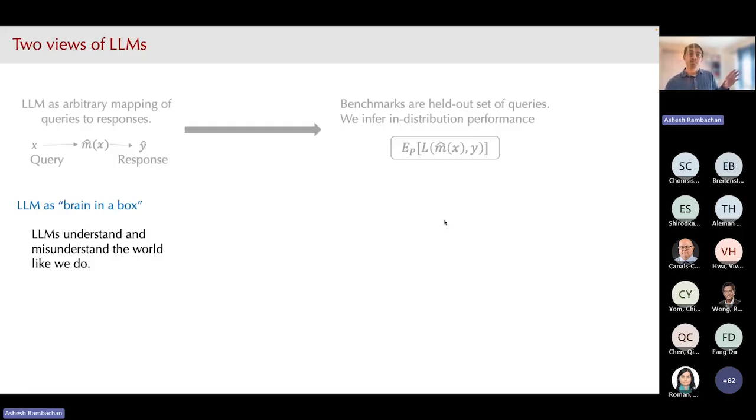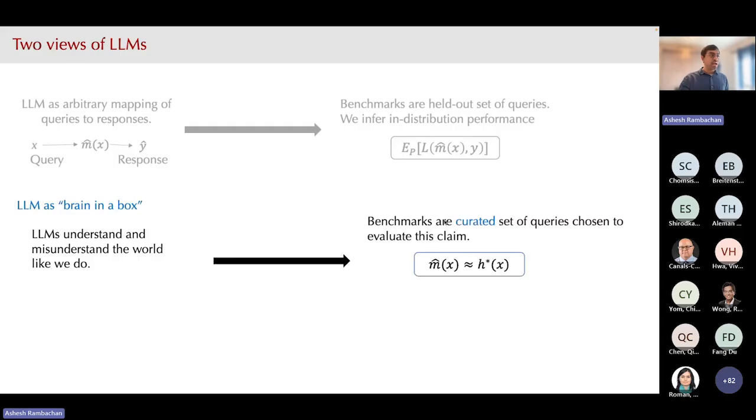The second view is that a large language model is somehow a brain in a box. In other words, LLMs understand and misunderstand the world like we do, or perhaps like the smartest person possible. And in this view, benchmarks are a curated set of queries designed to evaluate this claim.